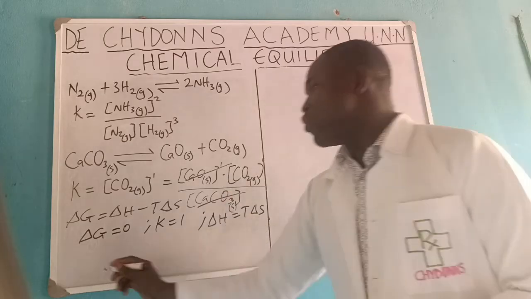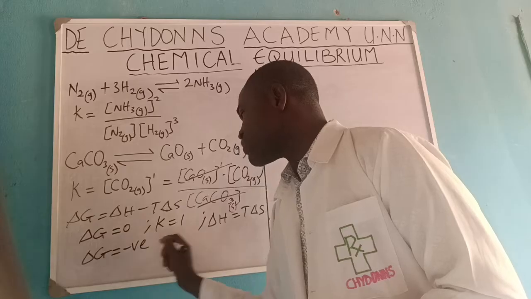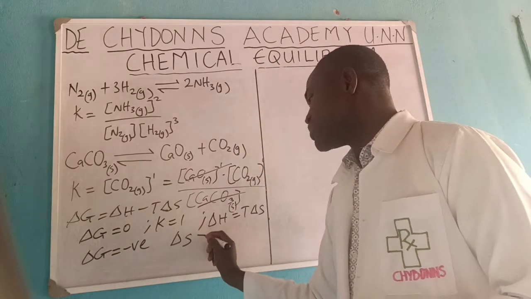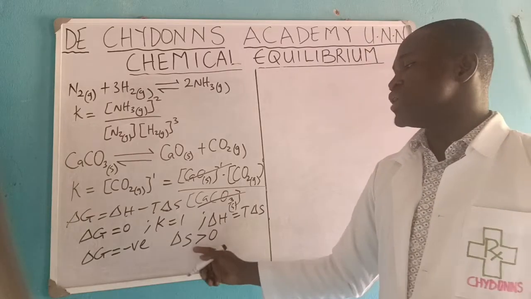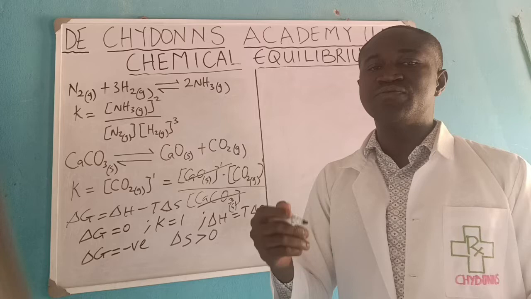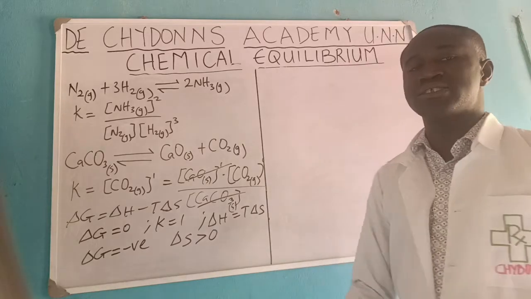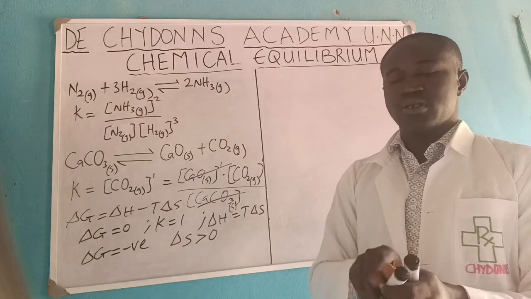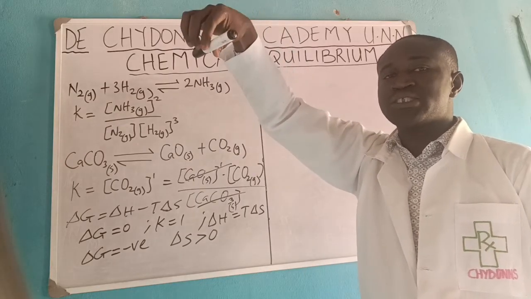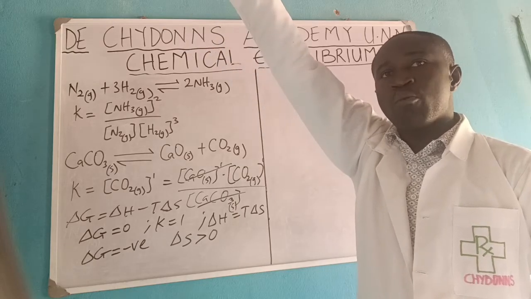How? When change in G is negative and change in S is greater than 0, we say that this reaction is very spontaneous. What do we mean? Take for instance, this marker. Is it possible for this marker to fall from up to down?